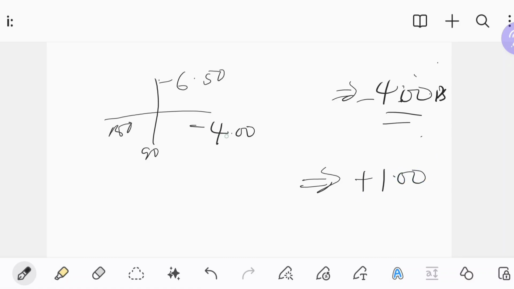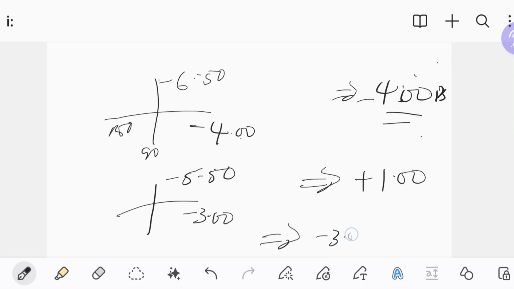So when you add 1.00 to all these prescriptions, you will go back to having your minus 3.00 and minus 5.50, which also gives us the initial prescription they gave to us, minus 2.50 x 180.